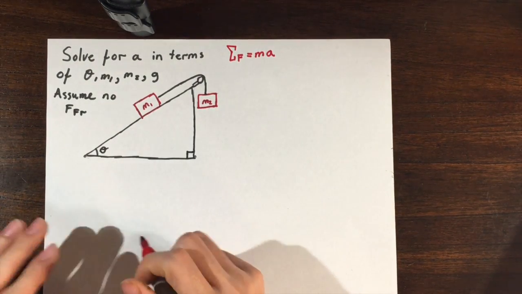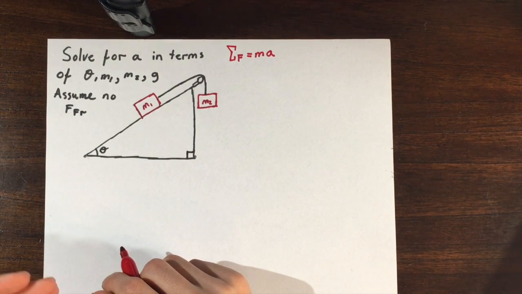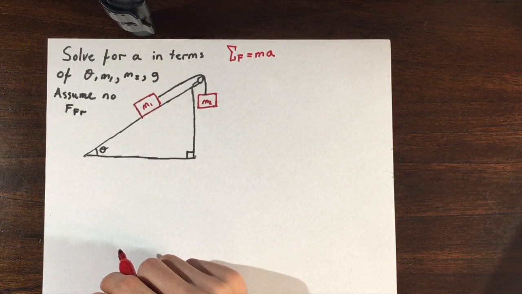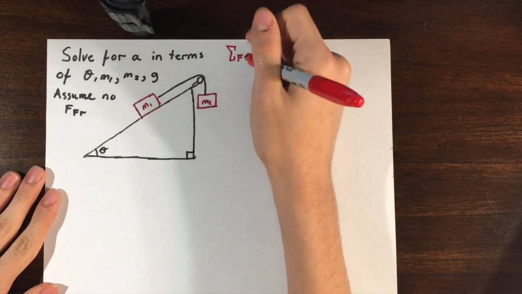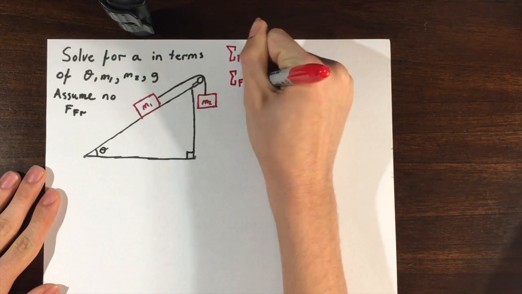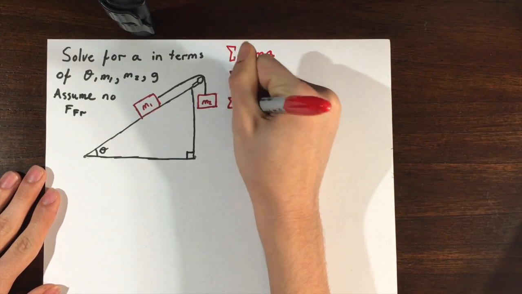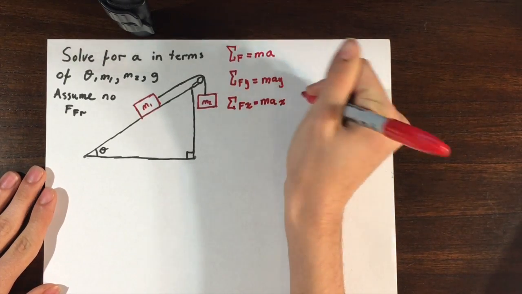And we also have to keep in mind that, like in kinematics with acceleration, we can have both x and y acceleration. So since acceleration is caused by the summation of the forces, we can have a summation of the forces in the y causing an acceleration in the y direction, and we can also have a summation of forces in the x causing an acceleration in the x direction.